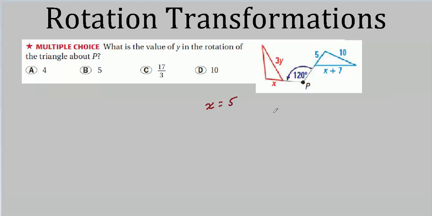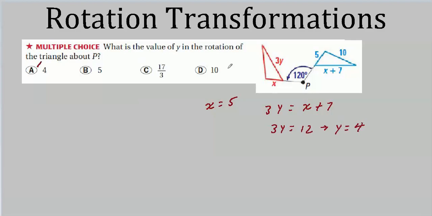And we also have that 3y equals x plus 7. And they asked us to find y. Well, okay then. Kind of looks like 3y would be 5 plus 7, or 12. And that means y equals 4. I hope that's one of the answers up here. Yeah, here it is.